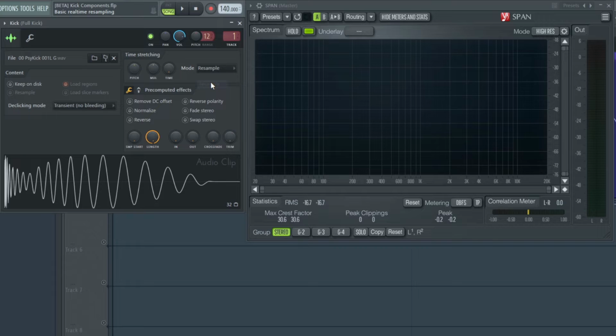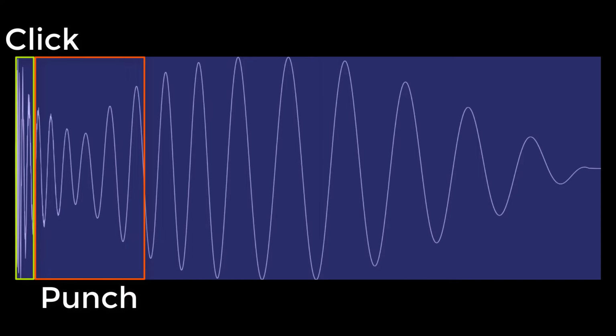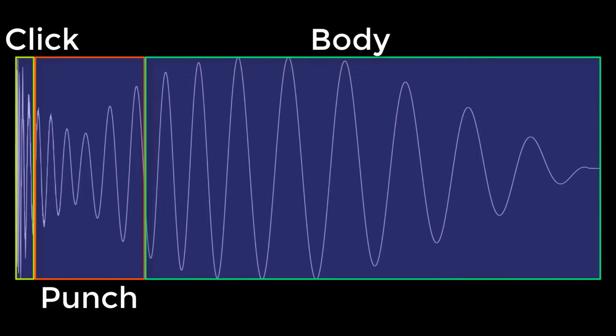If we want to change just parts of our kick, it makes sense to reduce any action to that wished part. A kick consists out of three components: the initial transient or click, the sweep which gives the knock or the punch of the kick, and the body or tail, which is basically just a sine wave at a certain frequency. To separate a kick into their individual components, there are two ways. Because these regions happen after each other, we can first separate them by time.